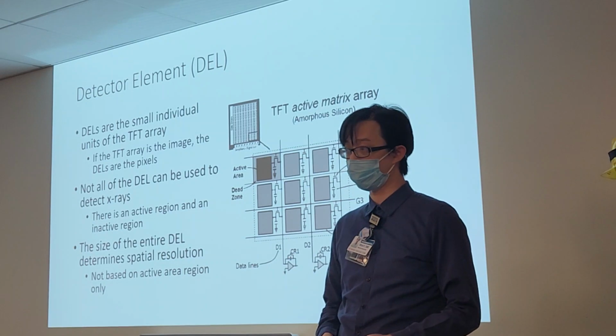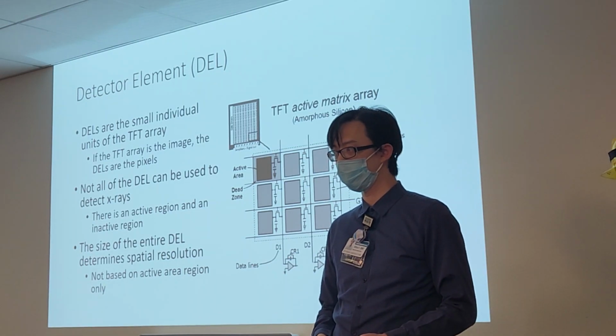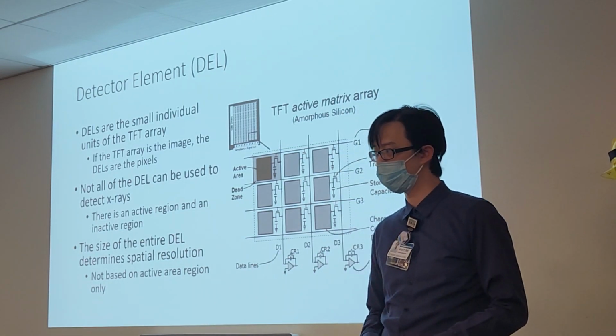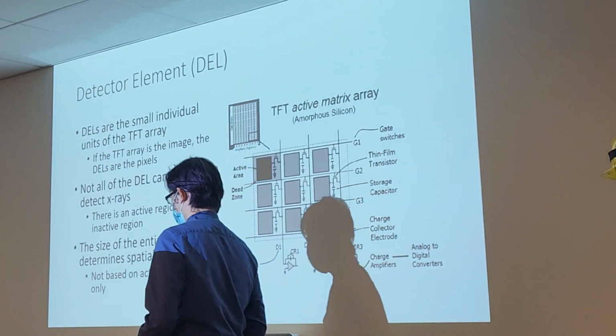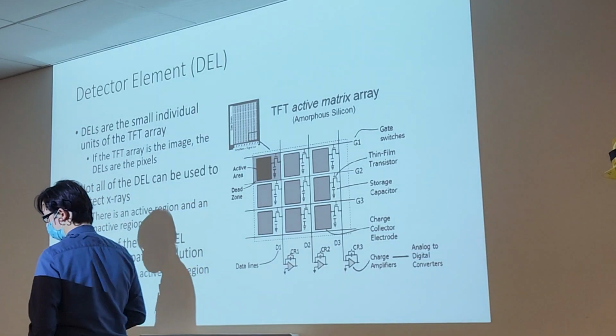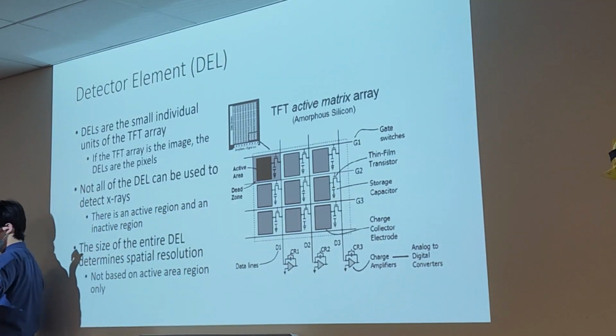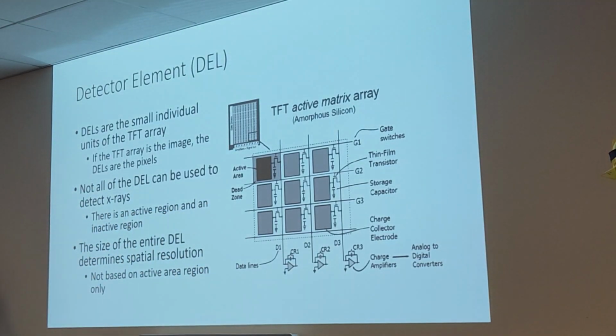You would say the capacitor is in the inactive area. If I was going to ask you what part of the TFT is able to detect X-rays, you would tell me the active area. Very good.